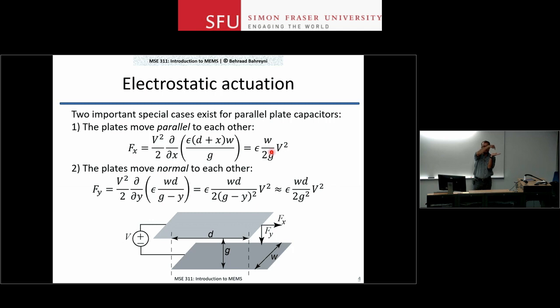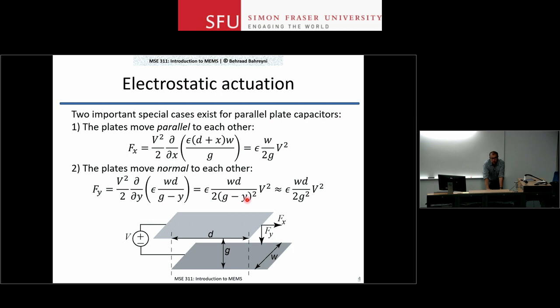So Y is the displacement towards the stationary electrode. So if I write my capacitance as epsilon W D, which is the area, divided by G minus Y, which is the variable gap, I take the derivative with respect to Y. I can show that I have this nonlinear relationship between my force and displacement.